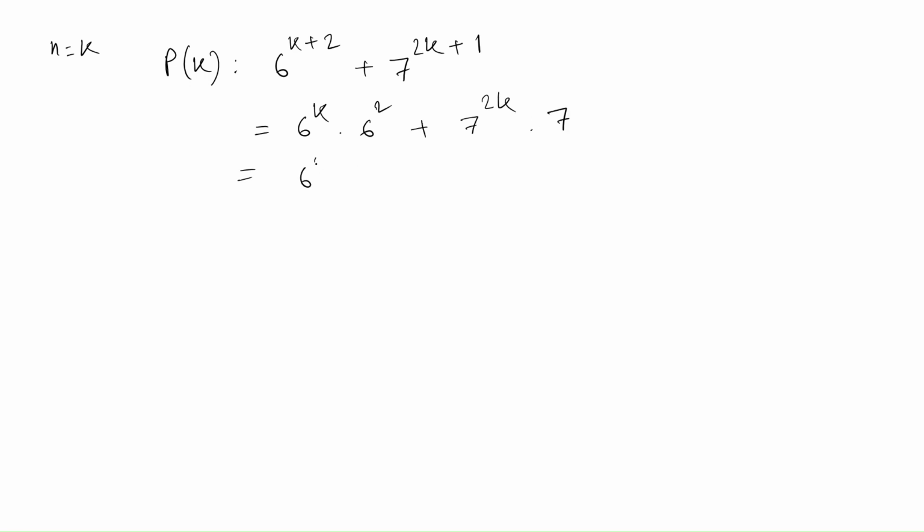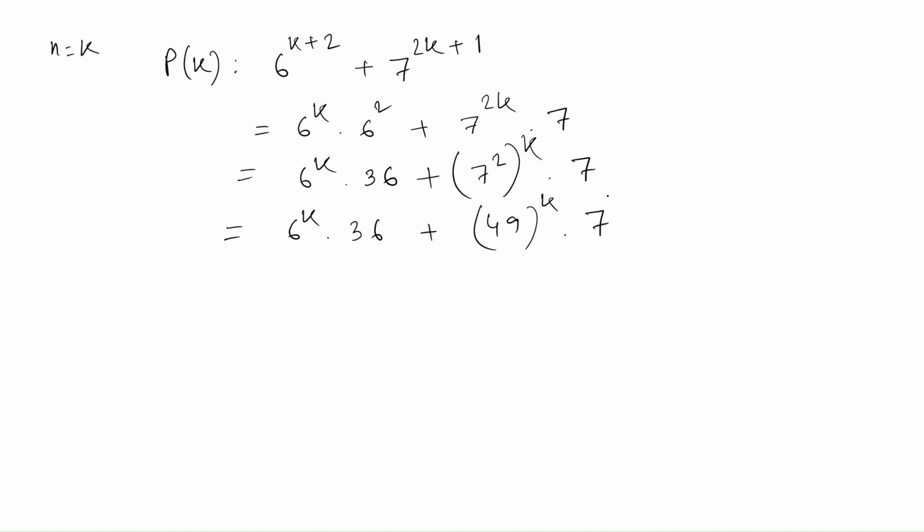Now this is 6 power k into 36 plus 7 square power k into 7. So this is 6 power k into 36 plus 49 power k into 7. This 49 can be written as 43 plus 6, so 6 power k into 36 plus (43 plus 6) power k into 7.